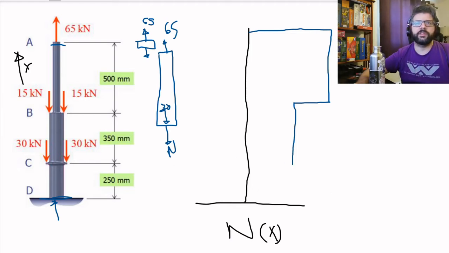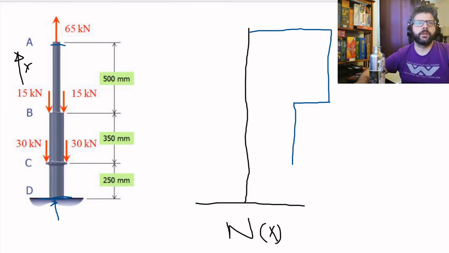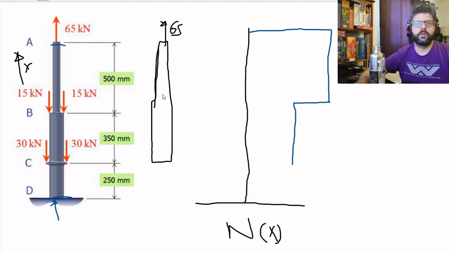What happens at C? Let's erase this to give me a bit more room. So at C, we got our bar. Again, got our 65, got our 30, and then we got a 60 total, combining those two. And then our n.